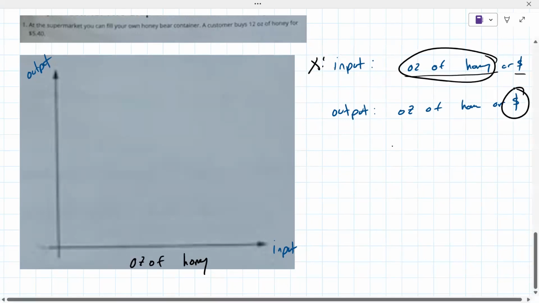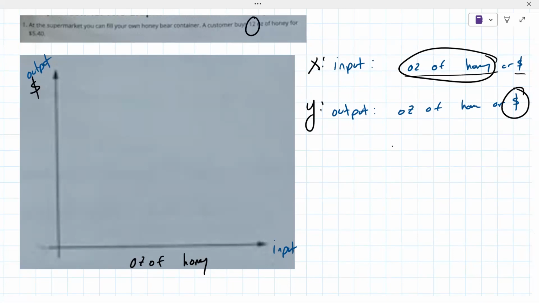The output is the money, which is the Y variable. We know 12 ounces of honey, so we can make some increments here: 1, 2, 3, 4, 5, 6, 7, 8, 9, 10, 11, 12. And then 1, 2, 3, 4, 5, 6. So we can label this ordered pair 12, comma 5.40.